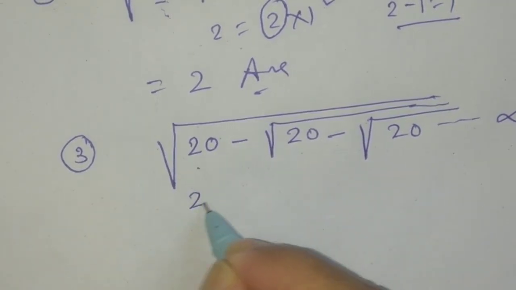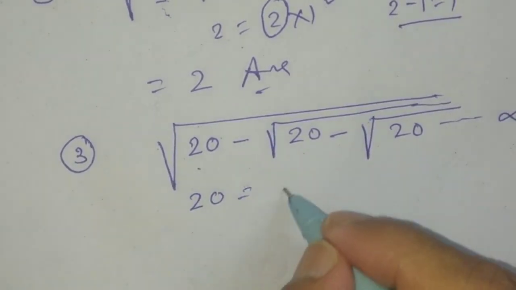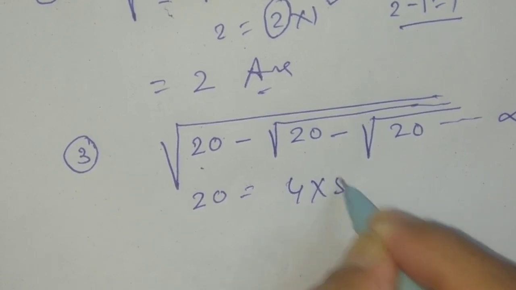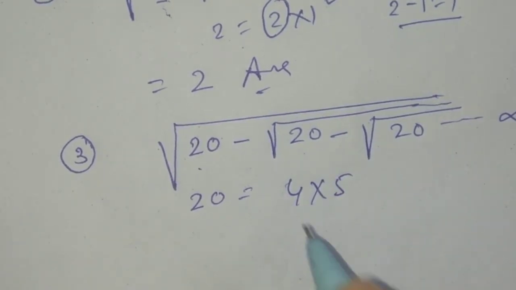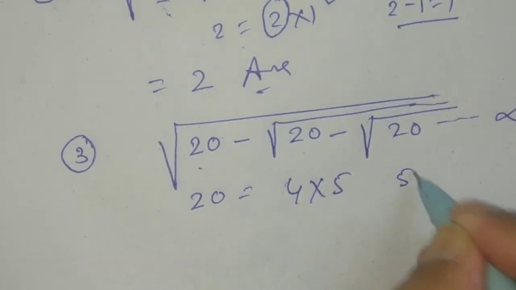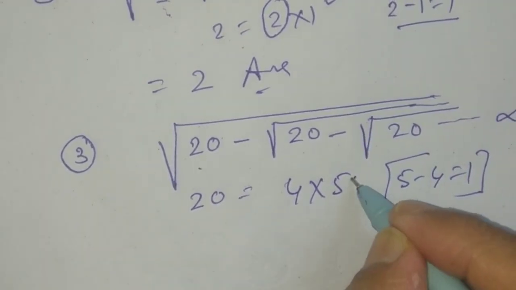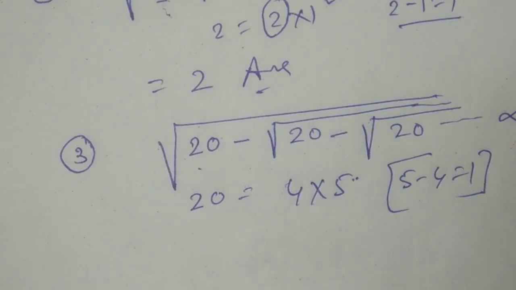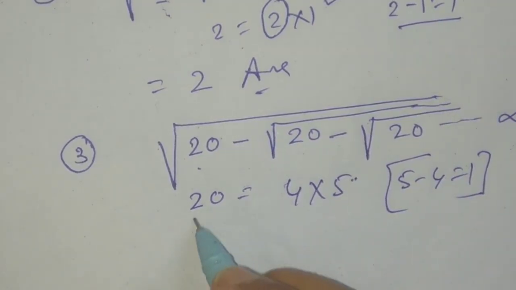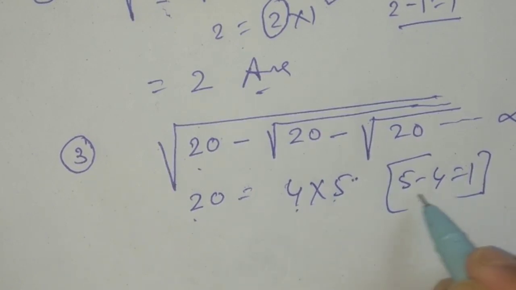First, we can say 20 equal to 4 into 5, and the difference 5 minus 4 is equal to 1. That's why I have considered 4 into 5. Otherwise we may consider 10 into 2, 20 into 1, a lot of these. So 20 is equal to 4 into 5, and the difference of these factors is 1.